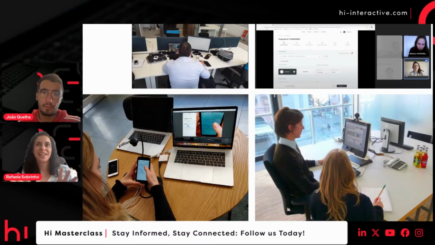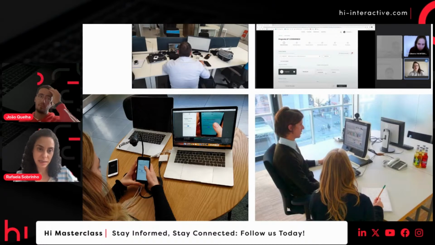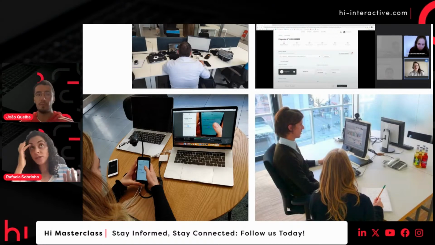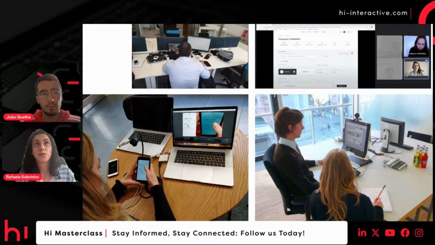Here I bring some example images of how the set is arranged to run a usability test. At the top of the screen are two usability tests that we did.